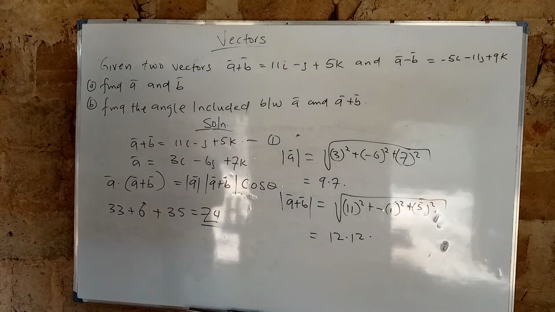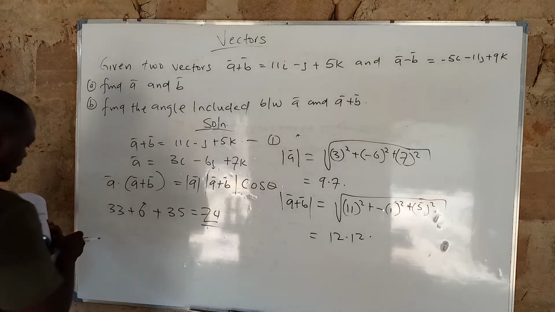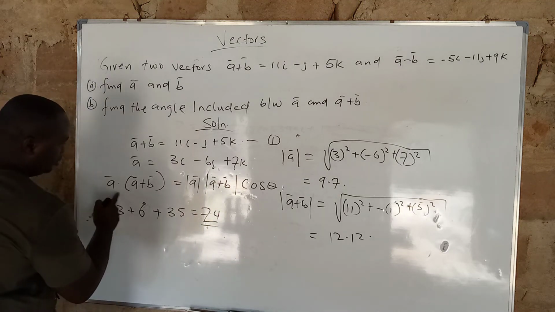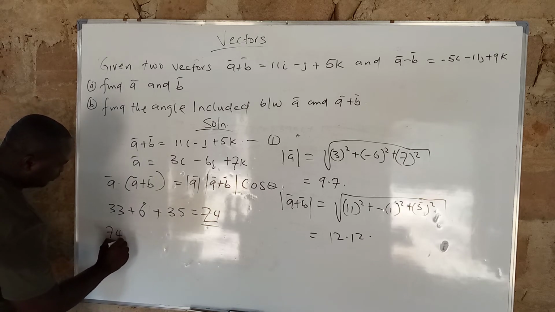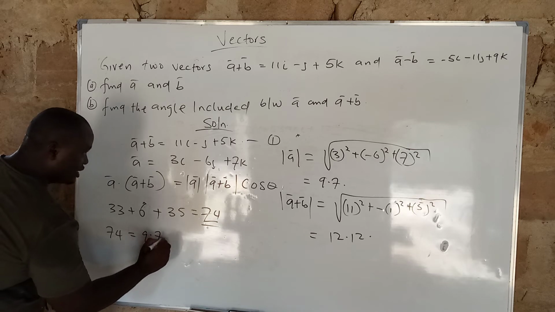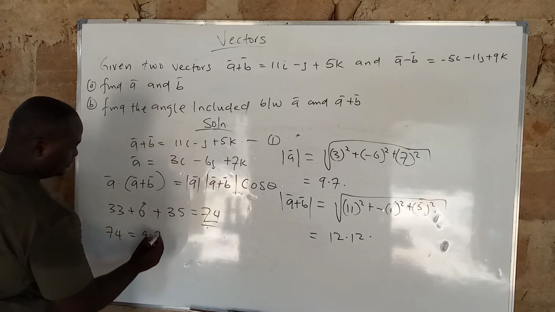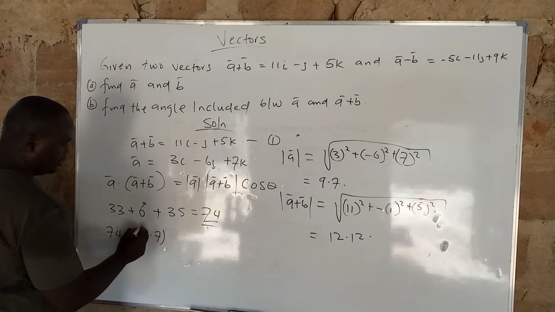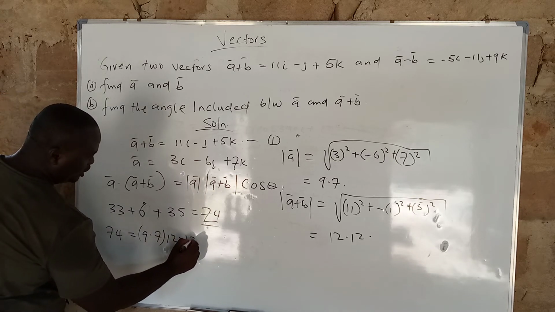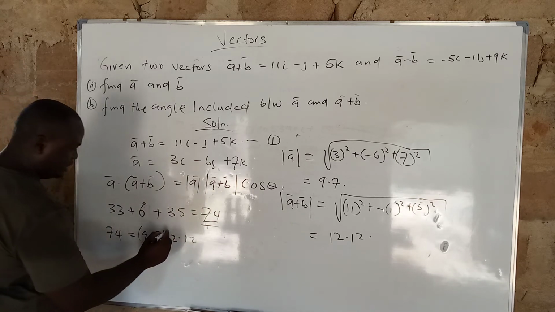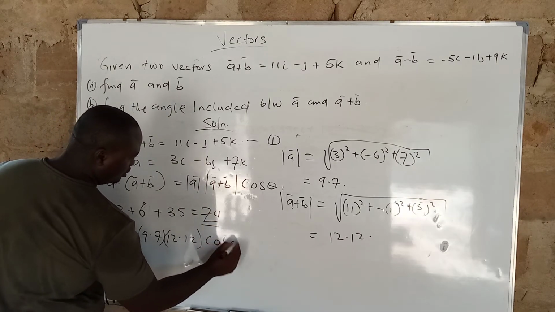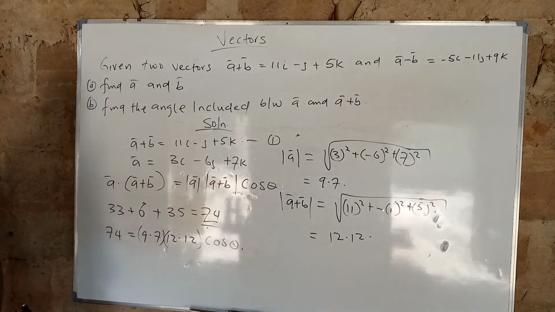So from our calculation above, A dot B is 74, which is equal to the magnitude of A, 9.7, and the magnitude of B, 12.12, times cos theta, and theta is what we are actually finding.